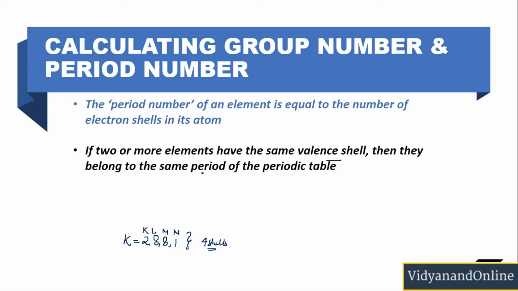Also, we have another point: if 2 or more elements have the same number of shells, then they belong to the same period of the periodic table. For example, if I talk about sodium and magnesium, the electronic configuration of sodium is 2, 8, 1, whereas magnesium is 2, 8, 2.